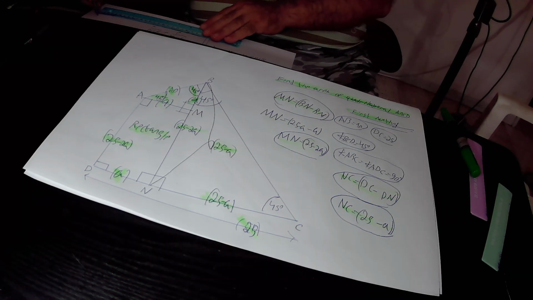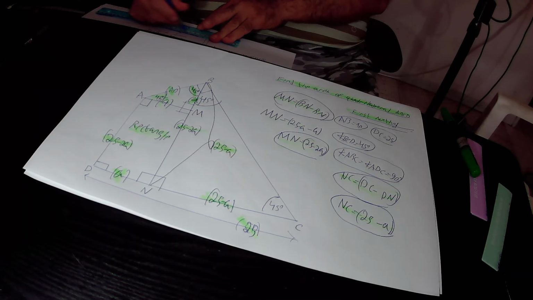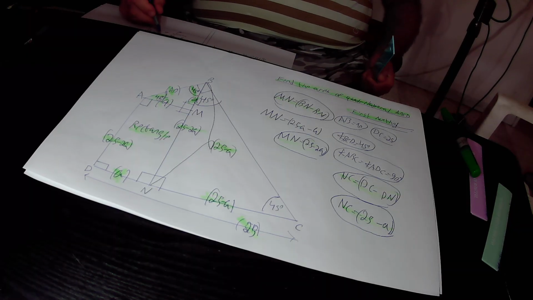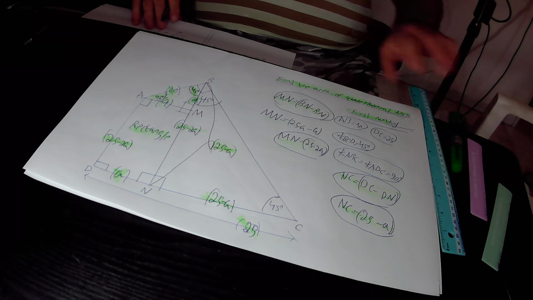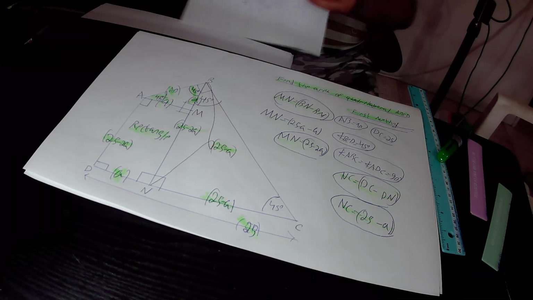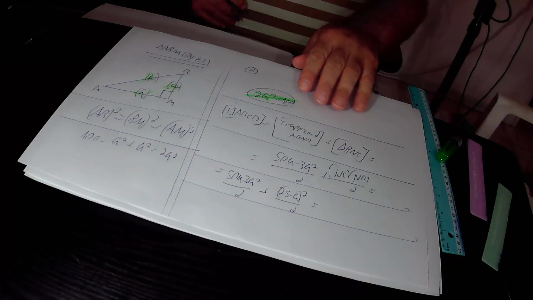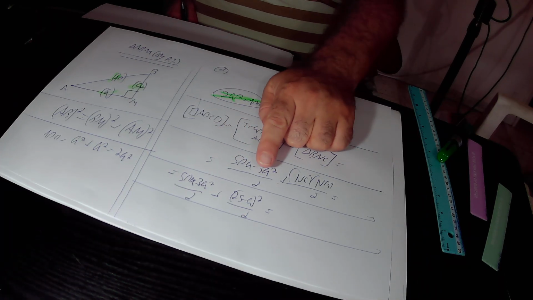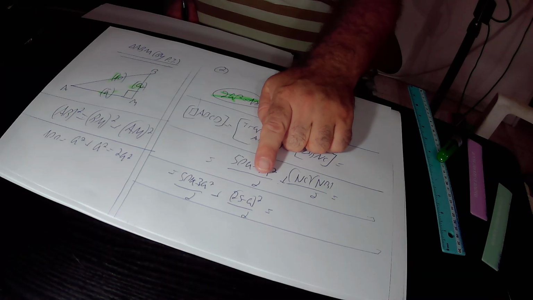So in total, we found out that the area of quadrilateral ABCD is equal to 50A minus 3A squared over 2 plus (25 minus A) squared over 2.